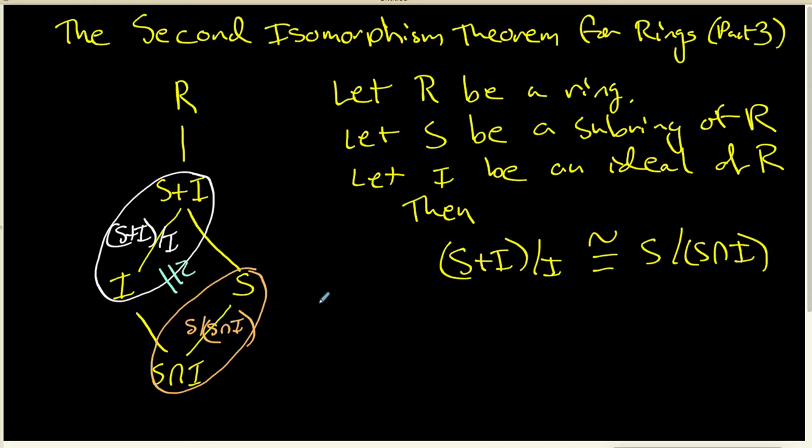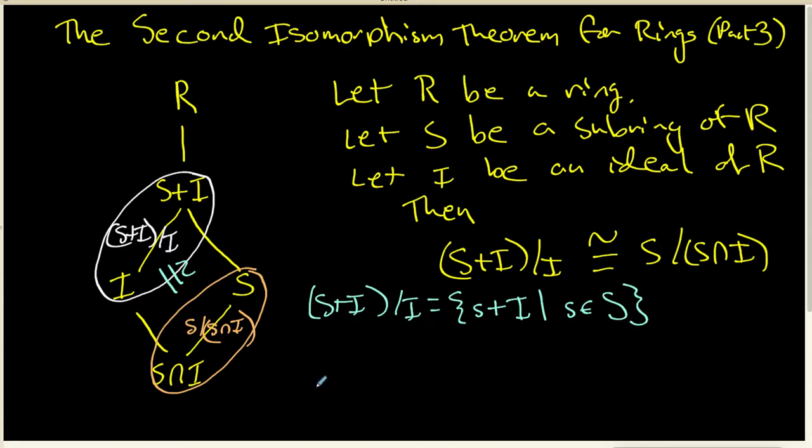Now, in the last video, we discovered the following kinds of things. One, we want to make a note that S plus I mod I is the set of left cosets of I where the representative is actually drawn from the subring S. That was one of the things that we had to prove.